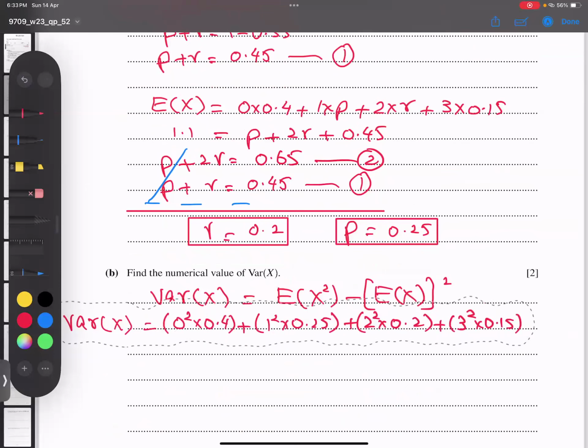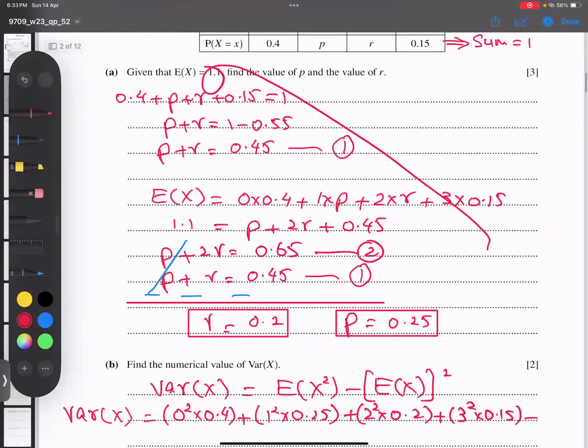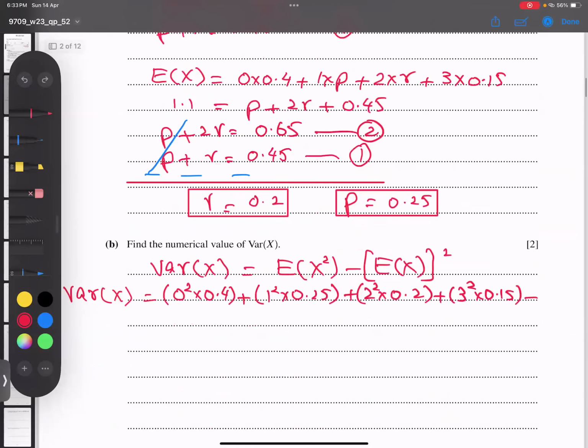So this is done, and minus the mean squared, minus E of X whole squared, which I have: 1.1. So I'm writing here, students, 1.1 whole squared.